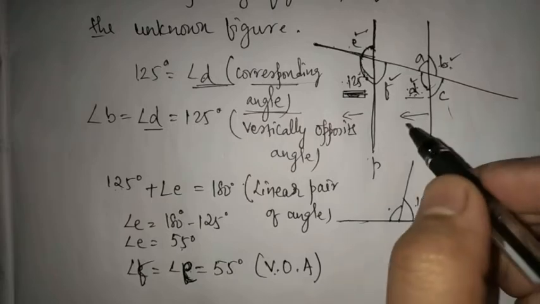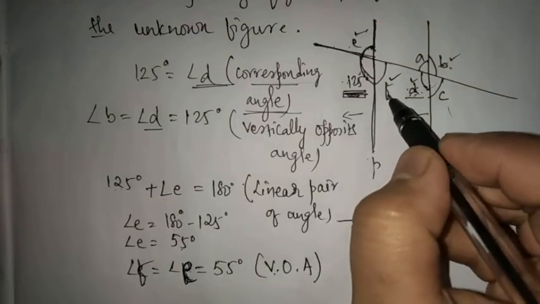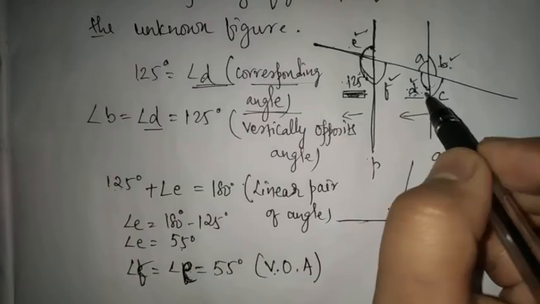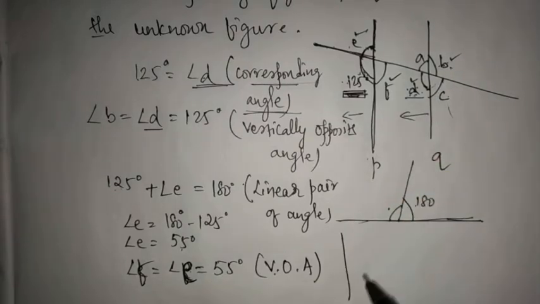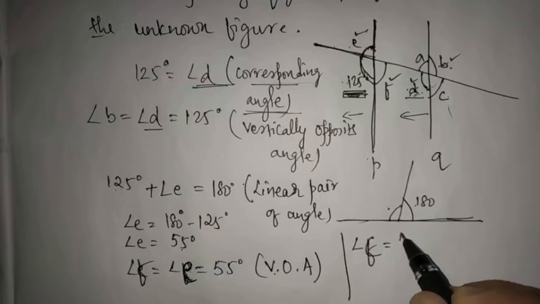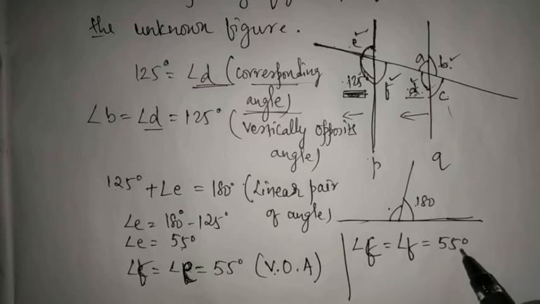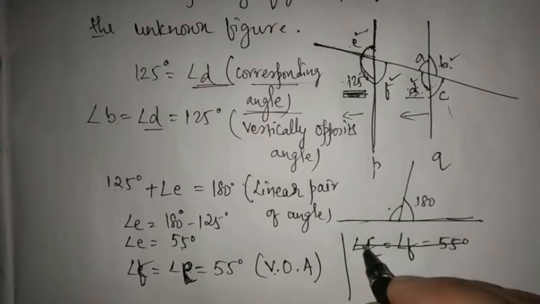So now another thing we can find is angle F is equal to angle C. I am writing here angle C is equal to angle F is equal to 55 degree. Alright, sorry for this student, this is not the condition here.